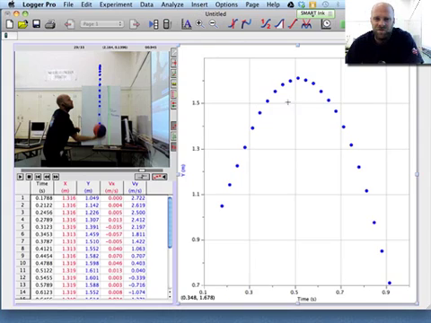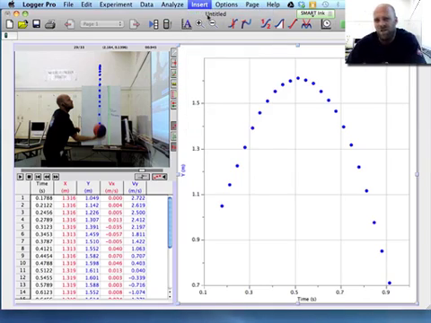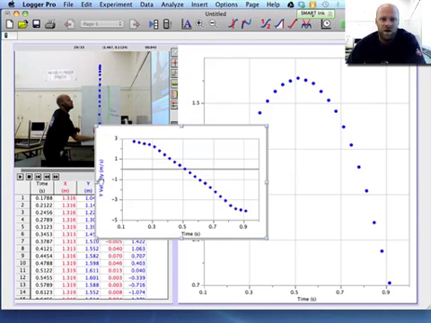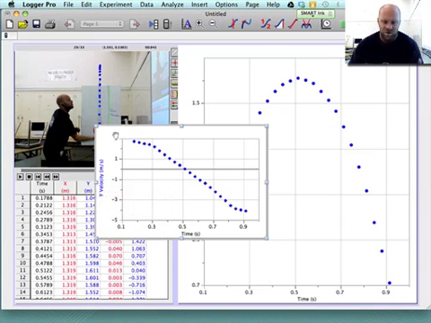And I guess this graph is position versus time, height versus time. And I'll insert graph. I really want a velocity time graph, and I can change this to whatever I want, but it's already a velocity time graph, so that looks good.